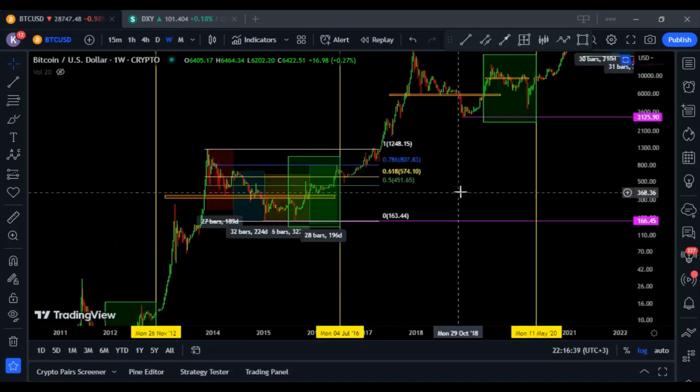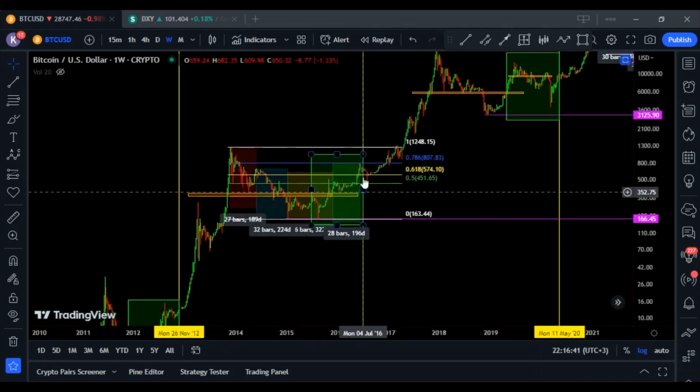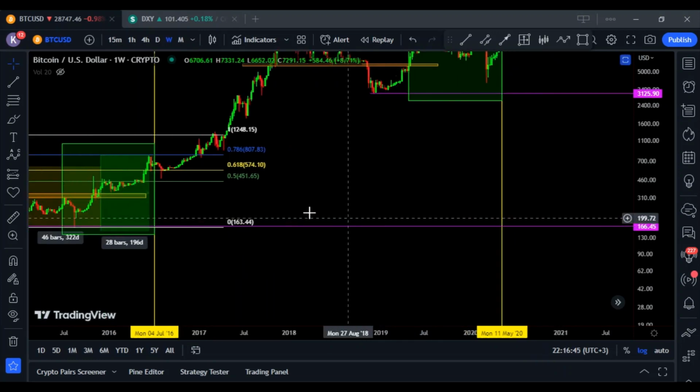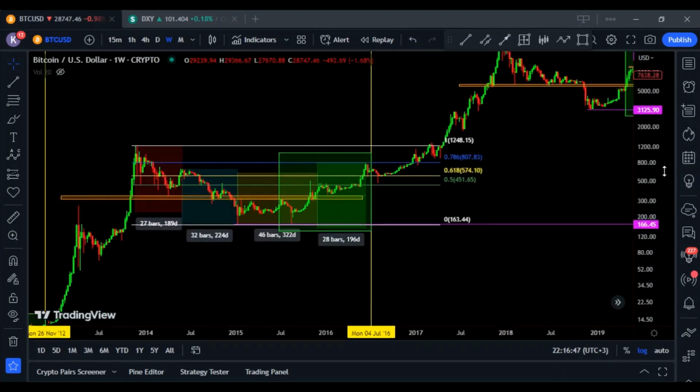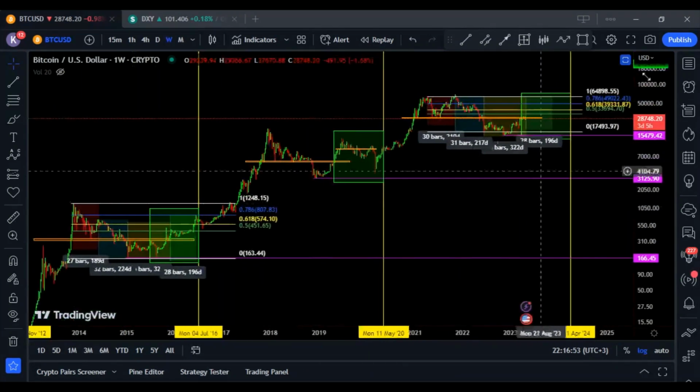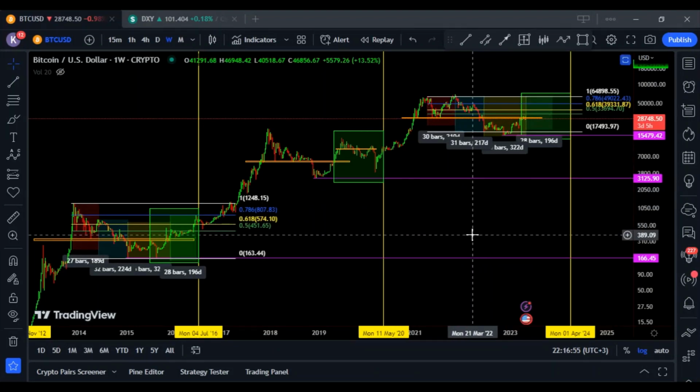So let's start with the 2013 area first to discuss what we have happening here. This is a chart where, you know by now, we had the halving one, and I'm gonna link it in the top right corner so that you can watch that video.